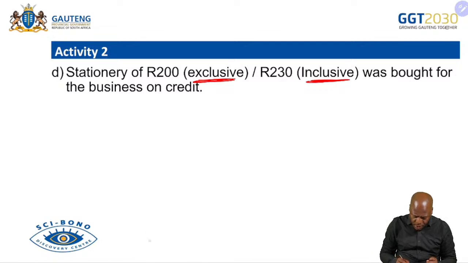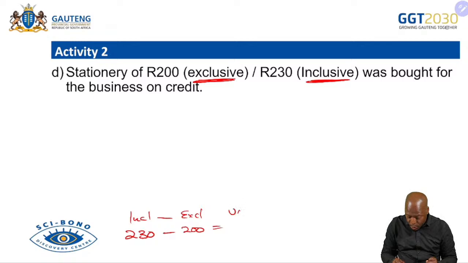And then we are now saying 230. 230 is your inclusive minus your exclusive. 230 minus 200, that is going to give you your VAT. And already this one is an easy one, guys. Come on. 230 minus 200. Obviously, you get your 30.